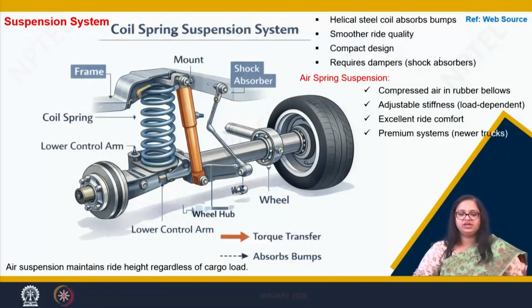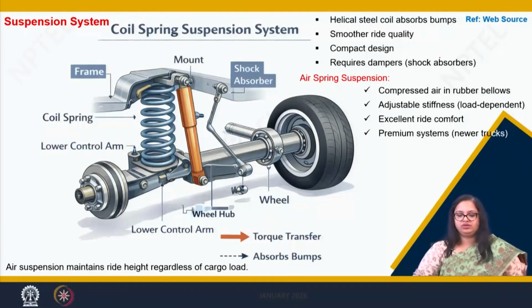Well, the other kind of suspension system that we see in our light vehicles is generally the coil spring suspension system, where there is a coil spring structure mounted on each wheel.